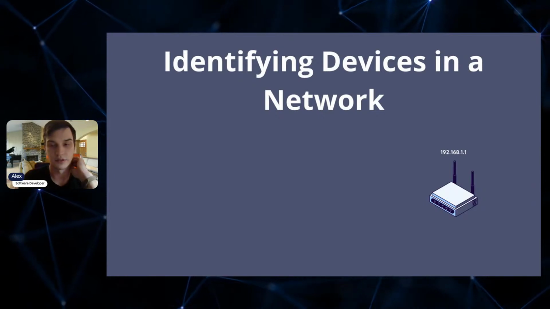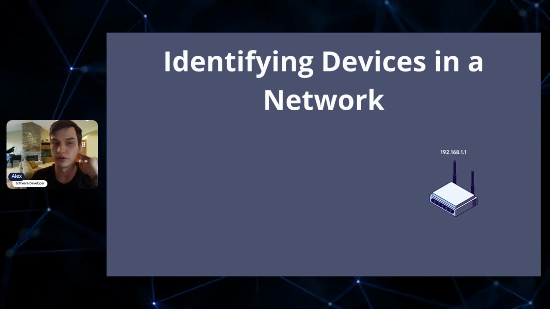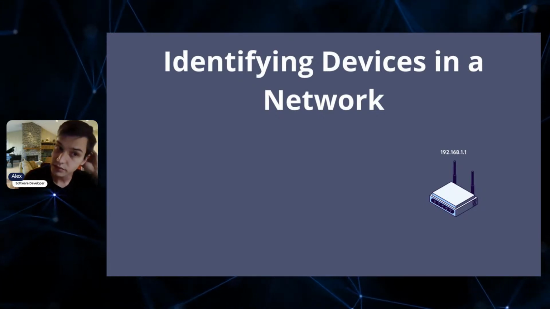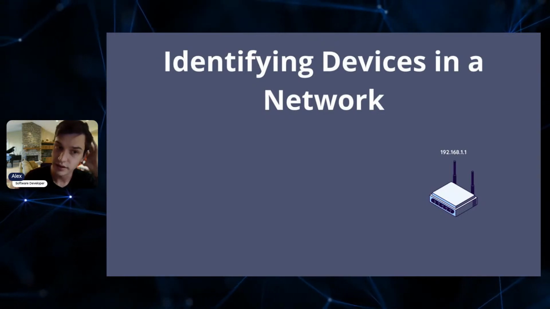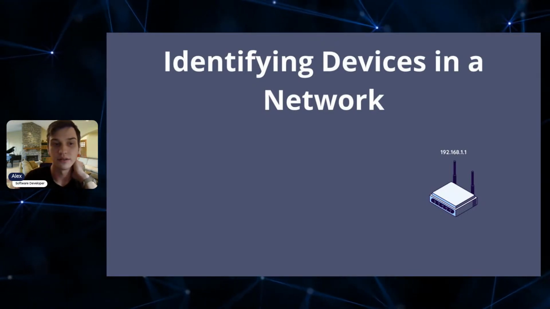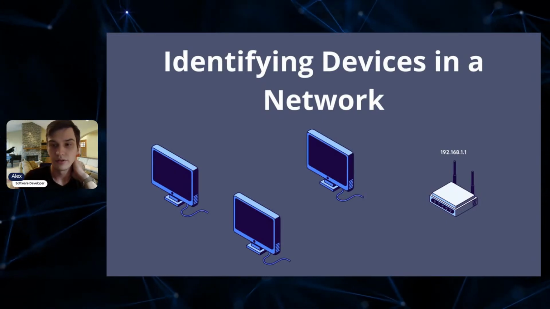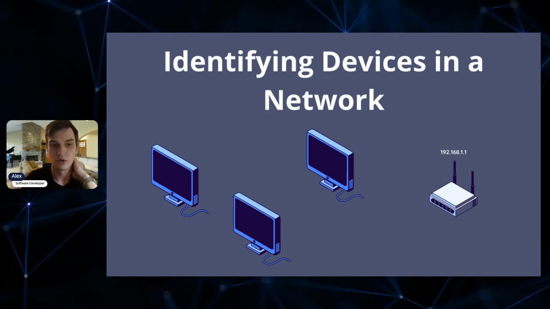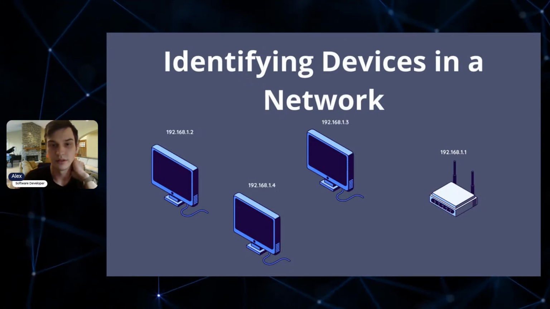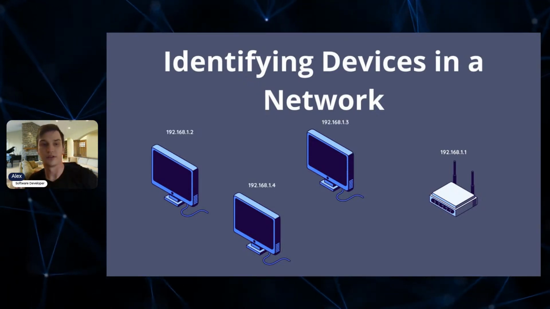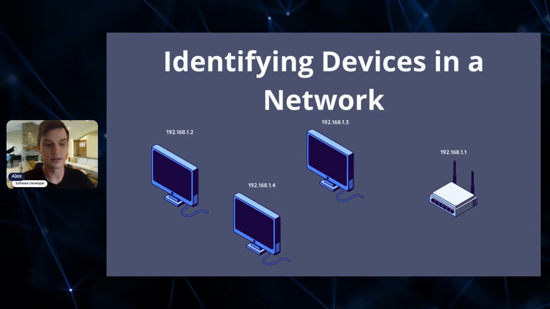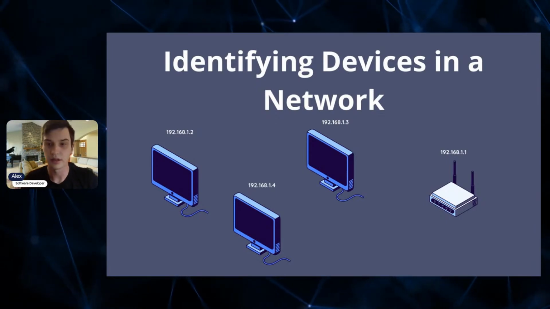And as I told you, a router assigns an IP address to every device in the network. So, for example, we have three computers, and they are connected one by one to our router, and it gives them IP addresses. So one is the second, third, and fourth.